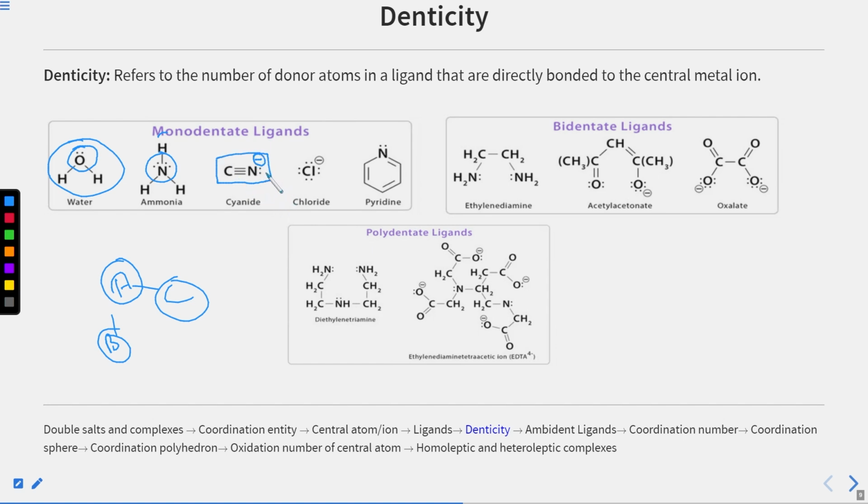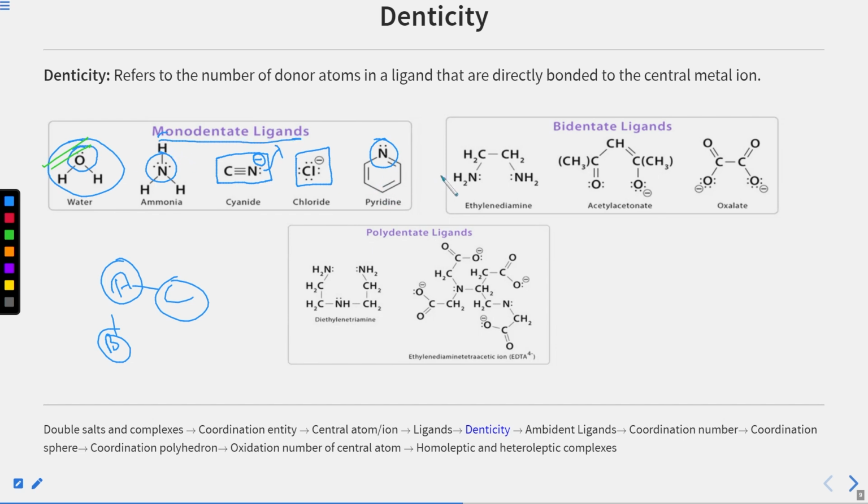Again this nitrogen has a lone pair, so it will donate electrons. In case of a single atom, Cl is the one donating the electrons. And in case of pyridine, nitrogen is the one donating electrons. So in all of these, you can see that there is only one site of donation. So they are called monodentate ligands.